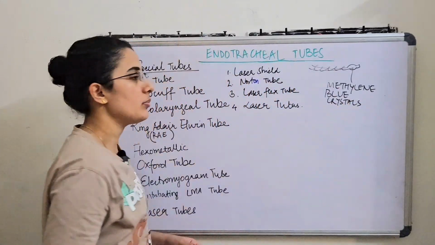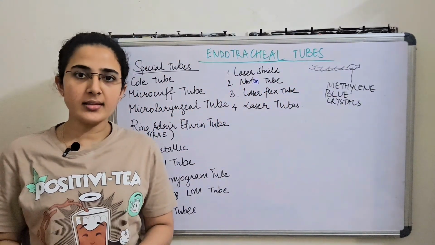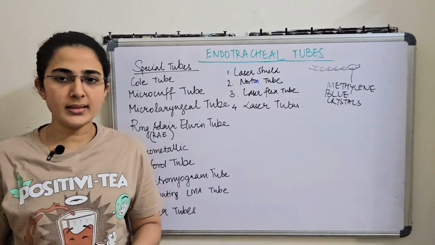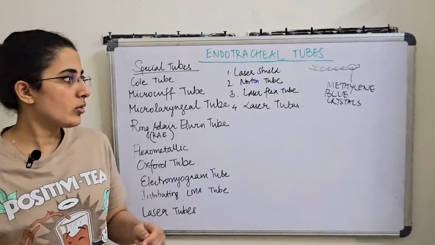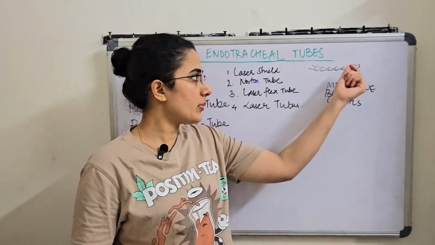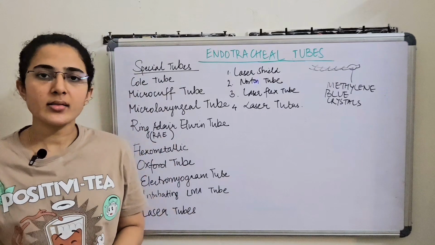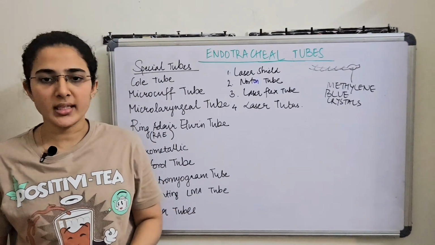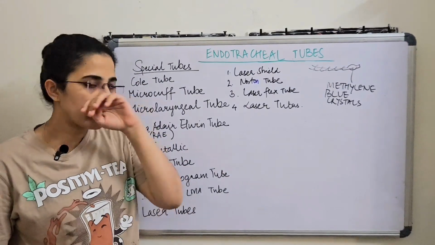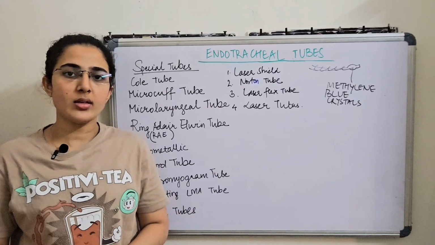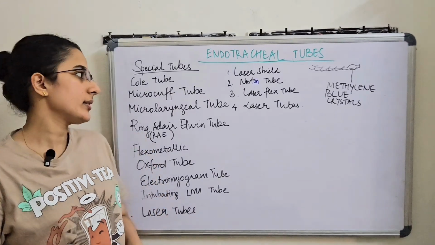We inflate this cuff with water or normal saline. We can also keep a cottonoid pledget around this tube and soak it with normal saline before insertion. This provides protection against carbon dioxide and KTP lasers.